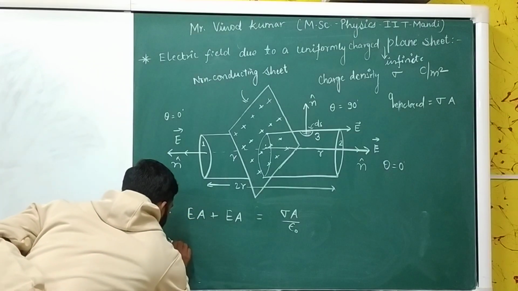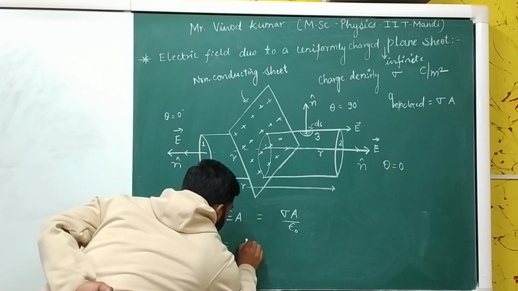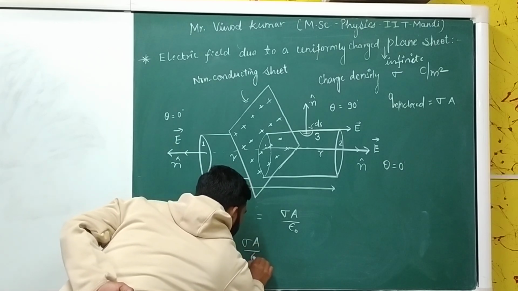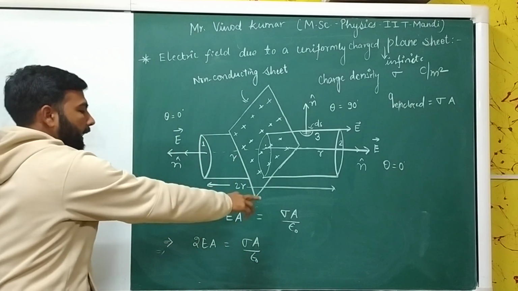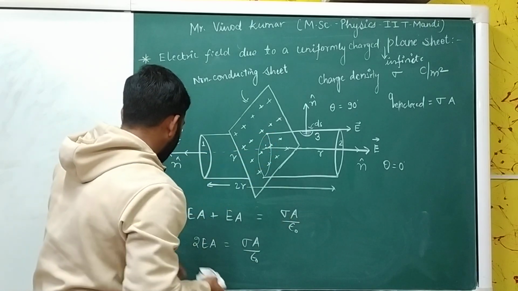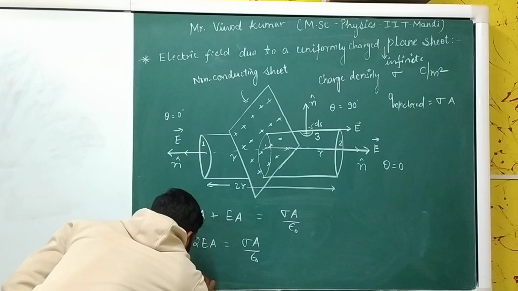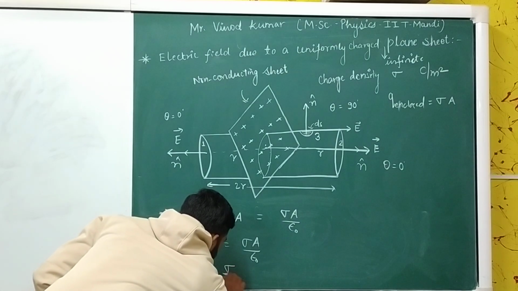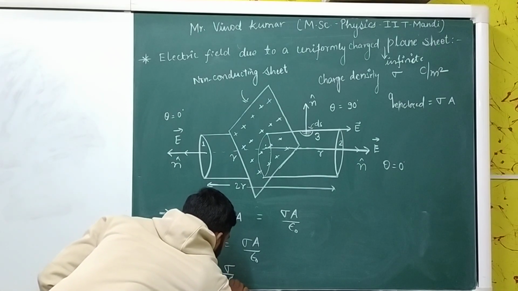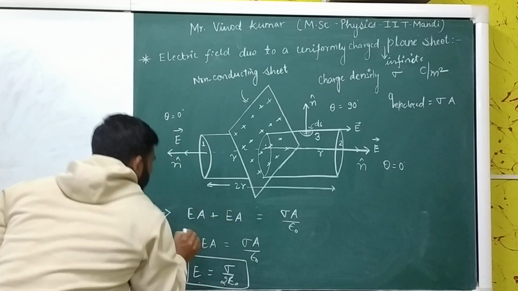Now it becomes twice E into A equals sigma A by epsilon naught, and A and A will cancel out because it appears on both sides. So it will become E equals sigma divided by 2 epsilon naught.